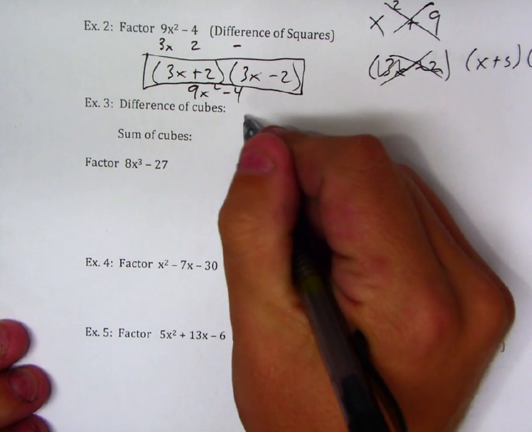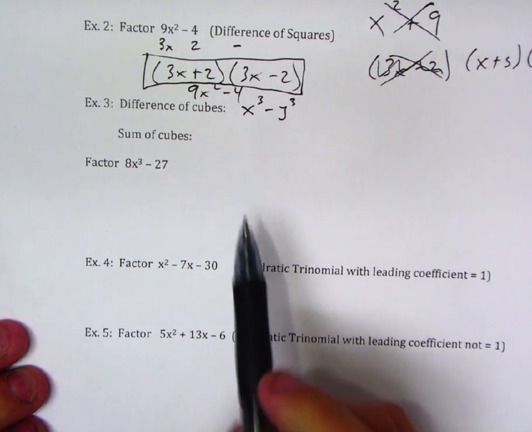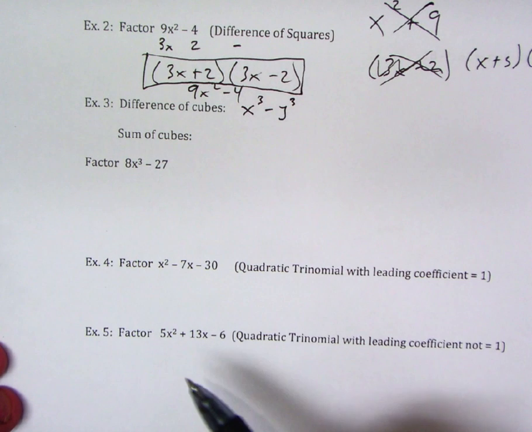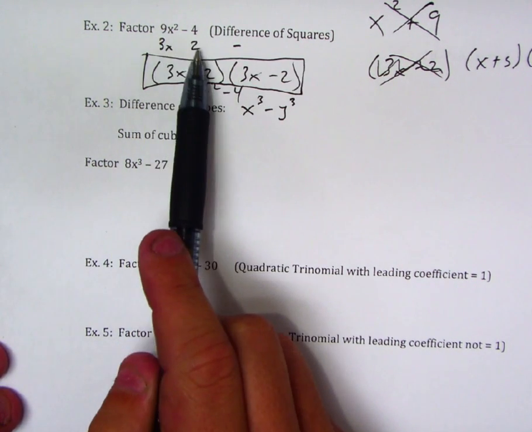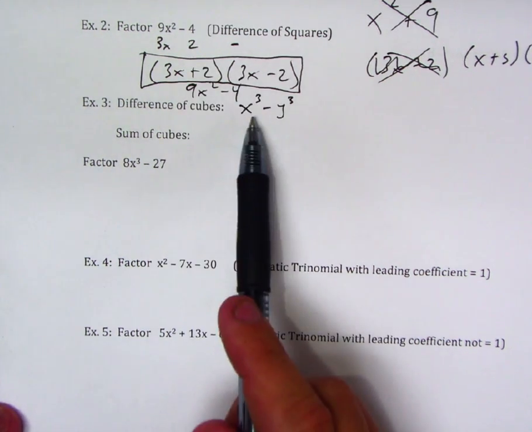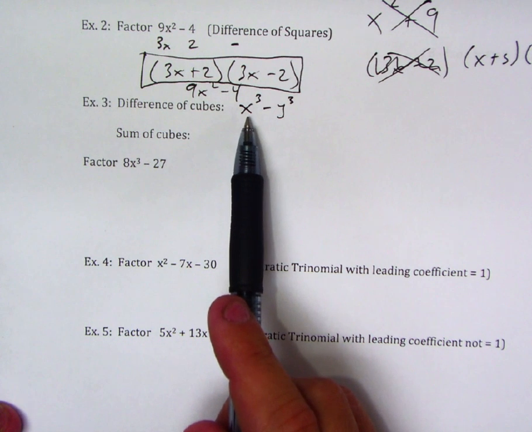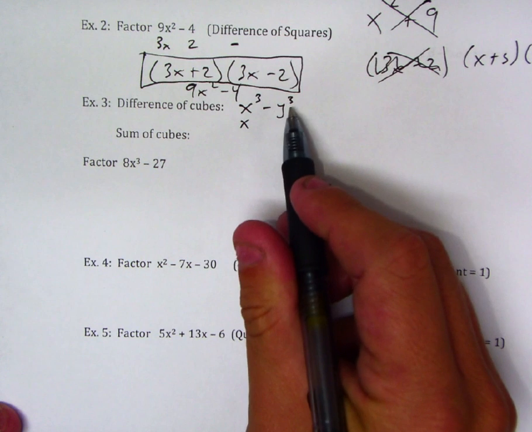If I had x cubed minus y cubed, and let's say I wanted to factor this. Here's your formula. Just like with squares, you square root each term, and then you do something with them. Here, you're going to cube root each term. So the cube root of x cubed is x, and the cube root of y cubed is y.